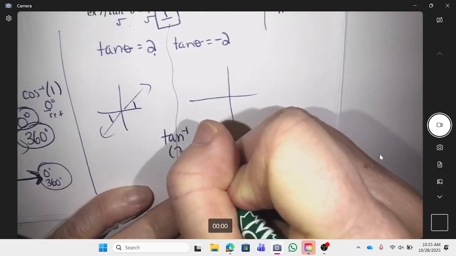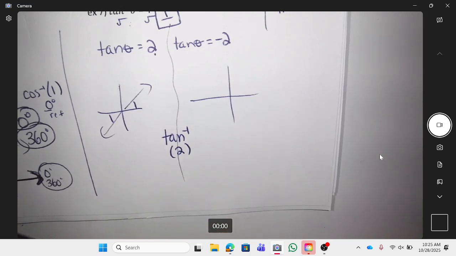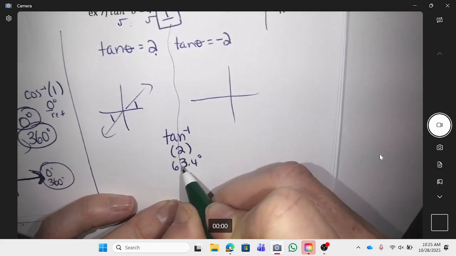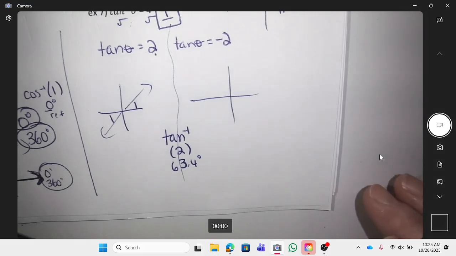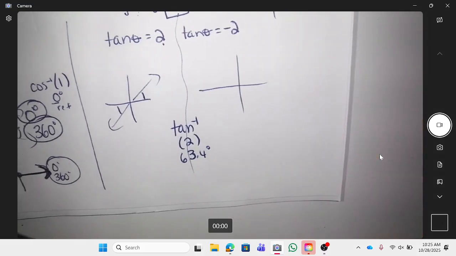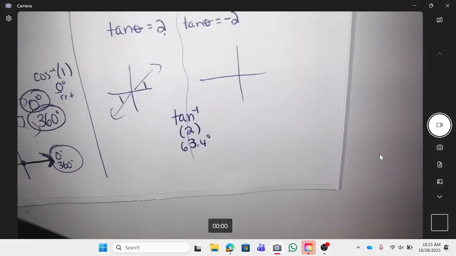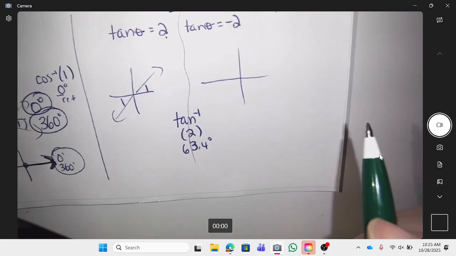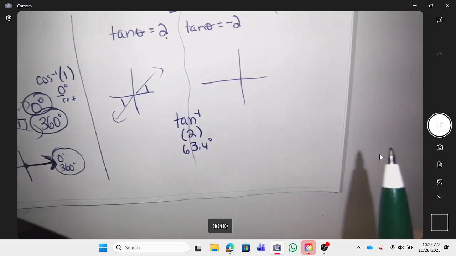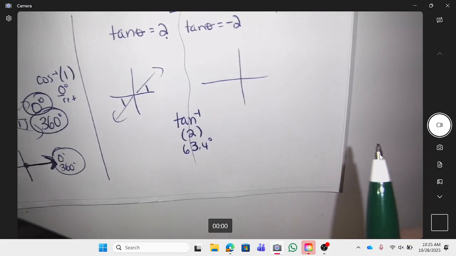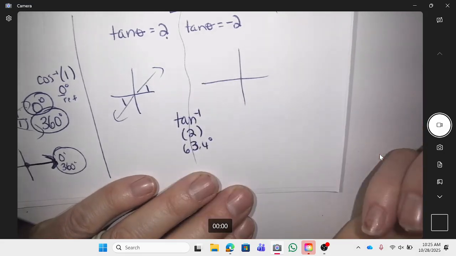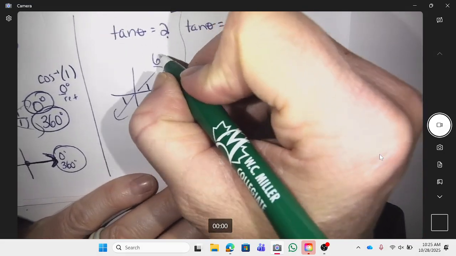Tan inverse the number 2. So 63.4 degrees. Okay, so this one is that much past 0.